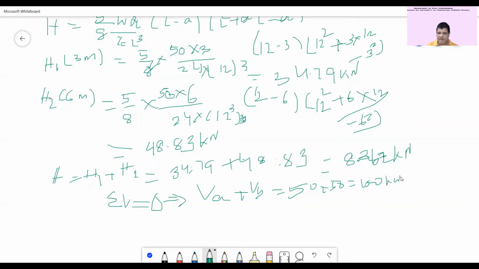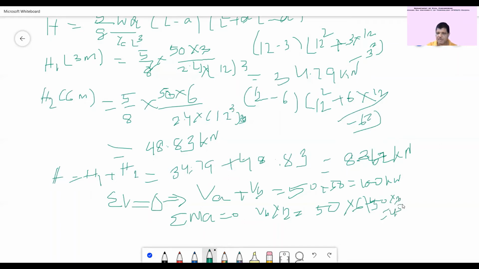Now, we will take the moment at A is equal to 0. So what will we find? VB into 12 is equal to 50 into 6 plus 50 into 3. So that becomes 300 plus 150, which is 450.